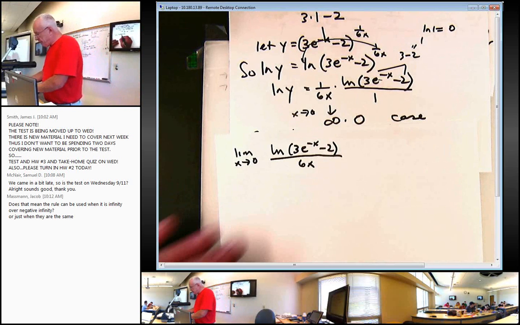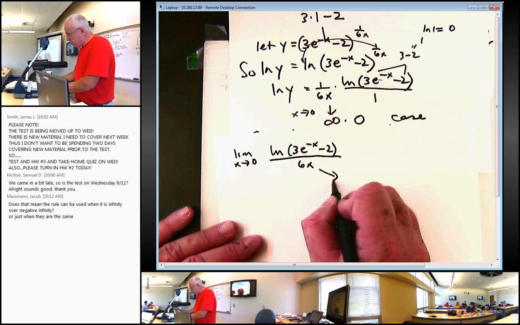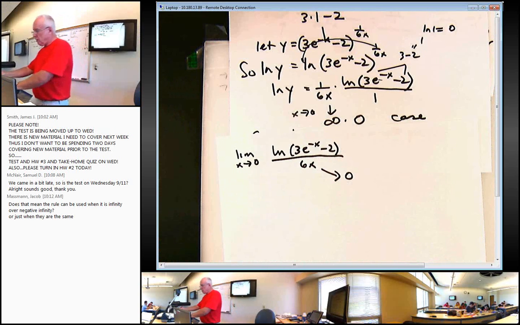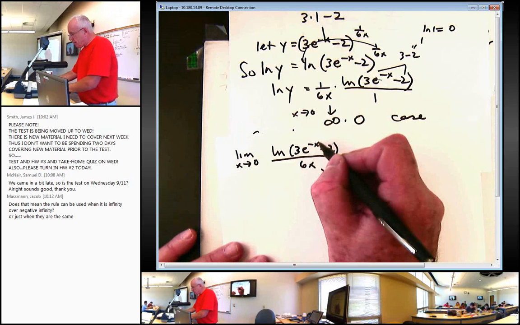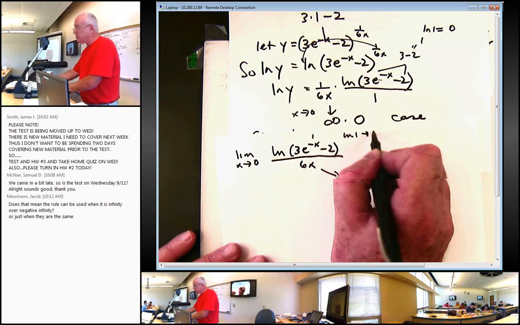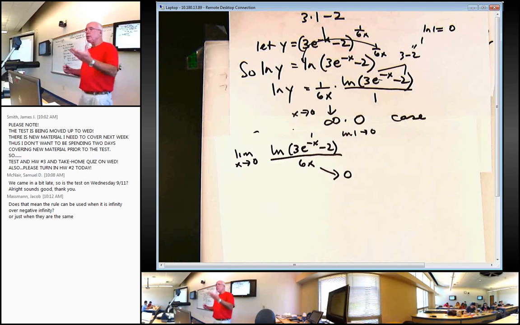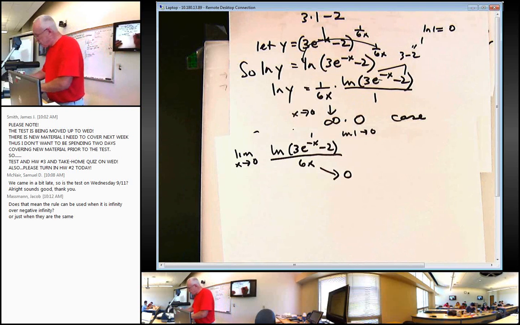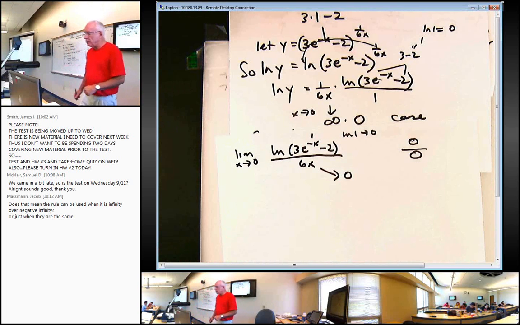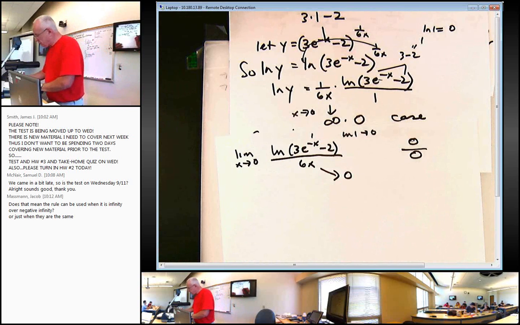We have 6 times 0, so the bottom goes to 0. And then the top, well, e to the 0 power is 1. 3 minus 2 is 1. The ln of 1 is also 0. So the top also goes to 0. So this quotient is a proper indeterminate quotient of 0 over 0.